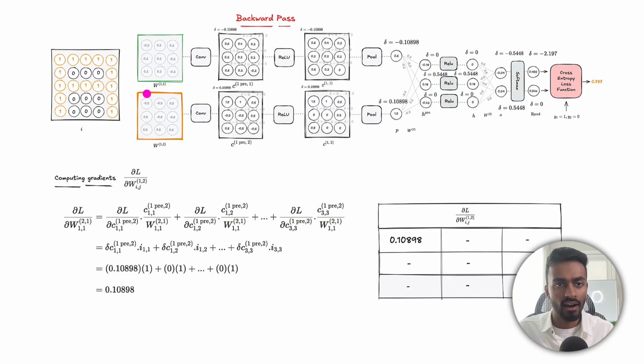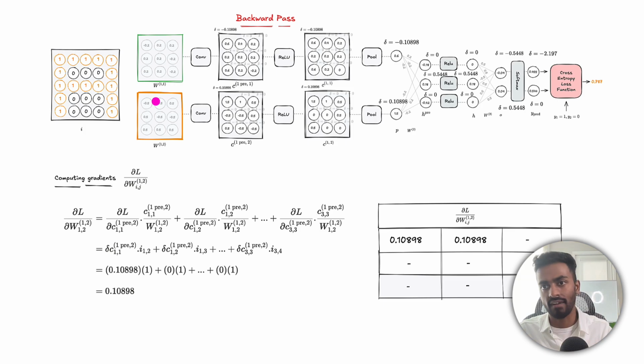And how does this neuron affect this first neuron over here? Well, it's given by the multiplier when the feature map is on this region and specifically in the 1, 1 slot. So that's 1, which is exactly why we see this here. Doing the math, you get 0.108.